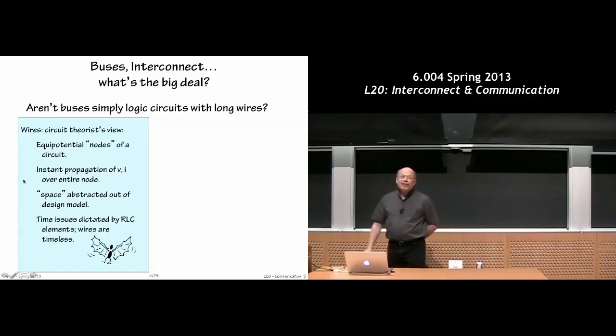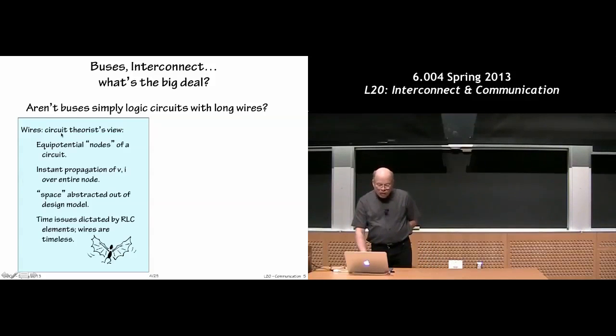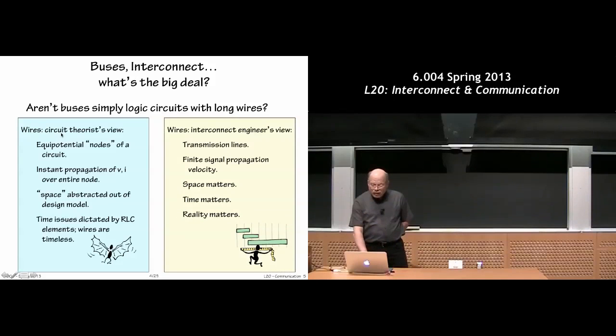So it's been interesting to watch how the generations of technology have turned on its head what was important. This abstraction, which was fine in the original computer architectures, had to be replaced by a much more thorough understanding of how interconnect actually works.